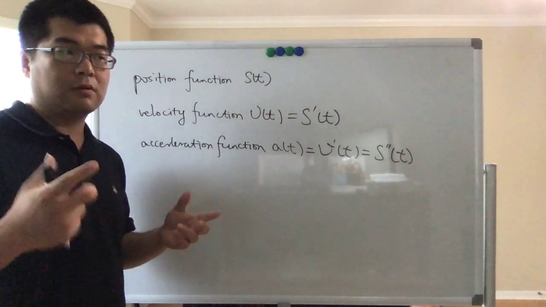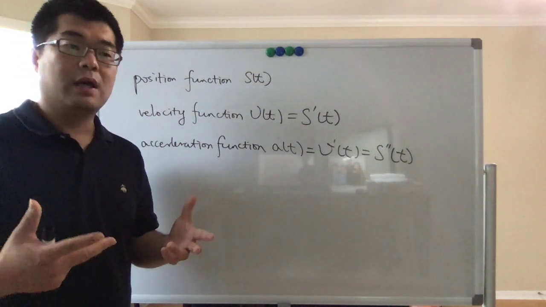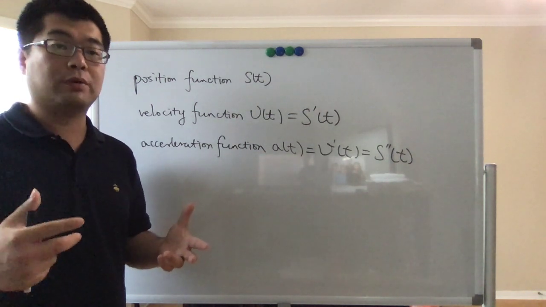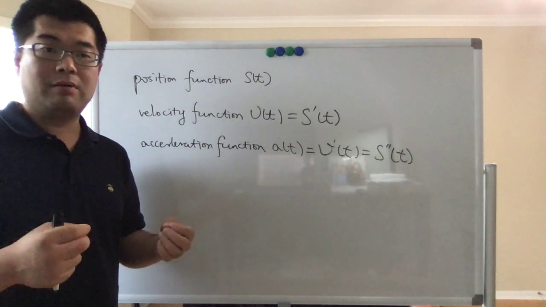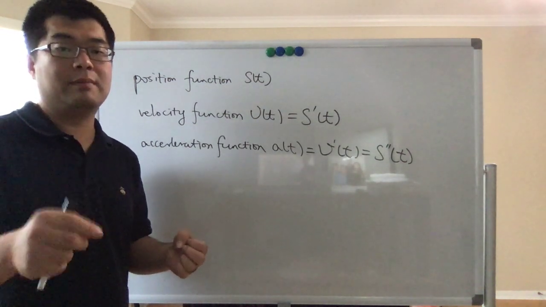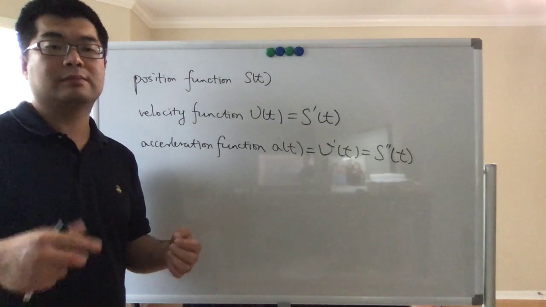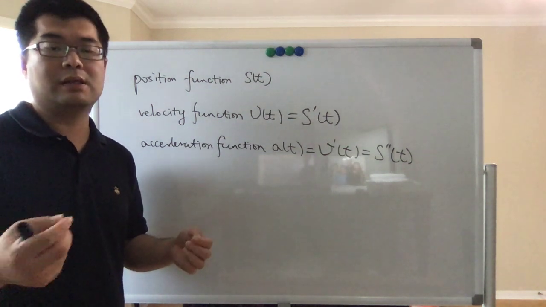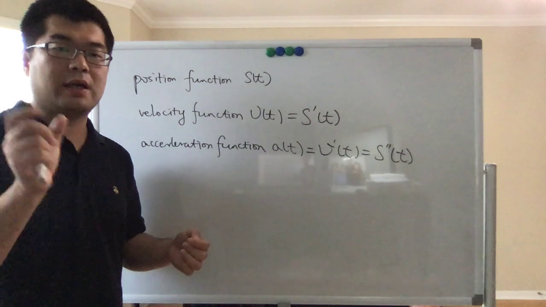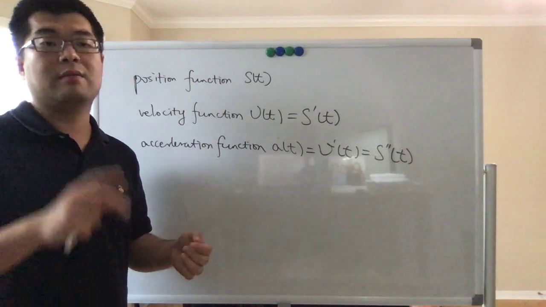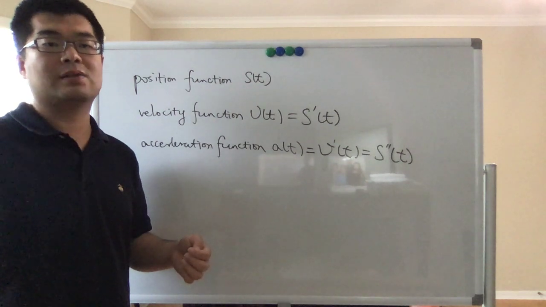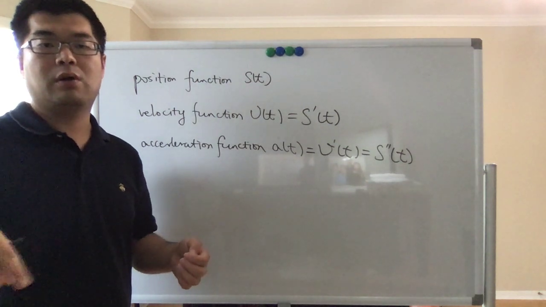Basically, guys, remember when we learned the derivative using the limit concept, it's the limit as h approaches 0, right? Right now, what you can do is let h be a small time interval, and on the top that's going to be s of t plus h minus s of t over h.